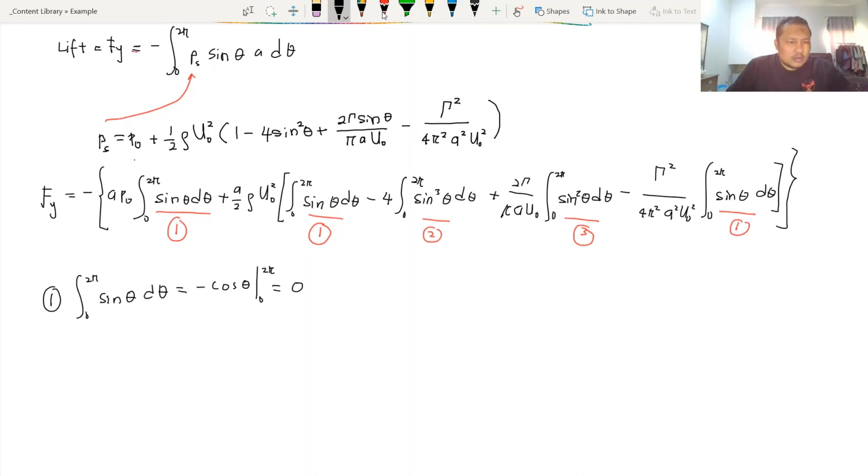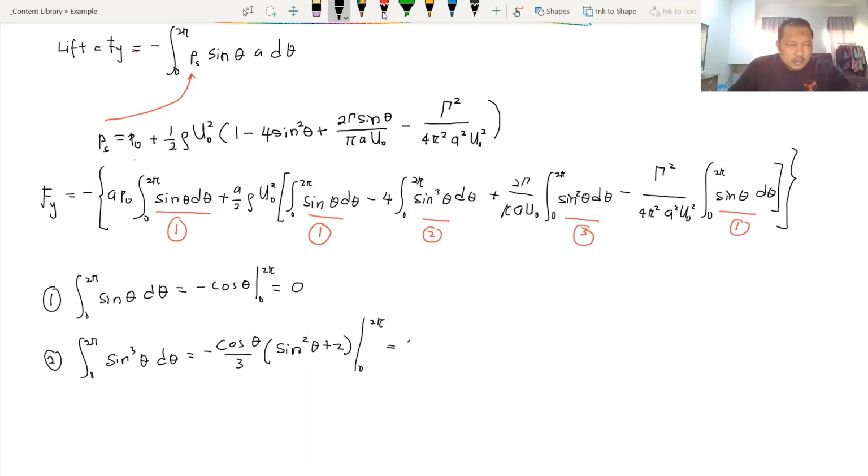So number 2 gives to us integration from 0 to 2 pi for the sine power of 3 theta d theta. So if we integrate this, what we got is minus cos theta divided by 3 times sine squared theta plus 2. Then it's from 0 to 2 pi.